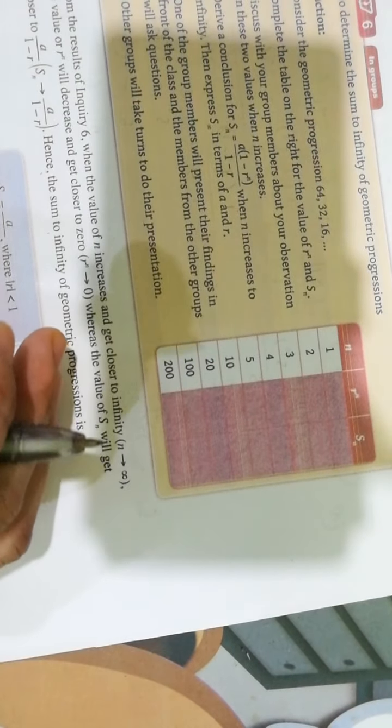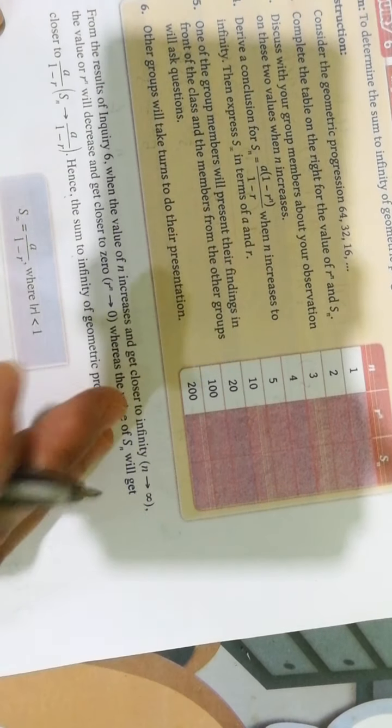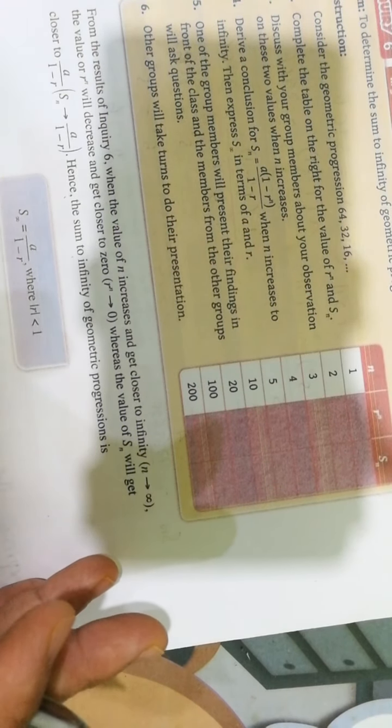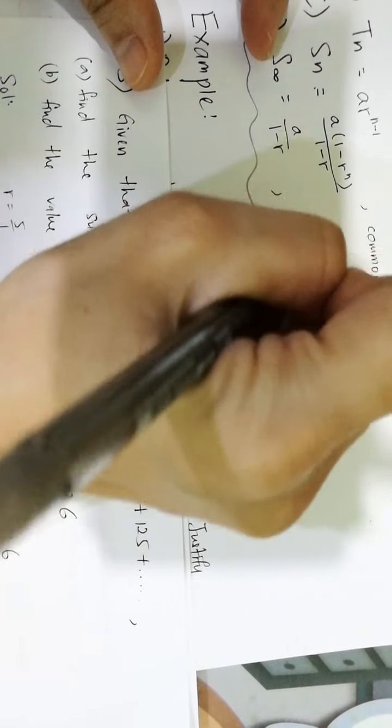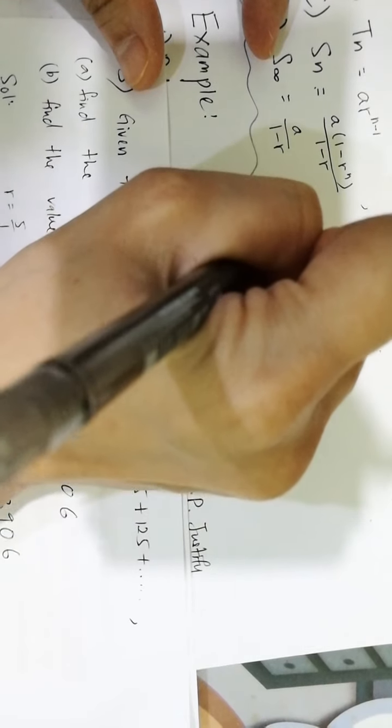This sum to infinity only applies to a geometric progression when the r is less than 1. If the r is like 5 or 7, we cannot do sum to infinity. Sum to infinity is only for r less than 1, that means 0 point something.